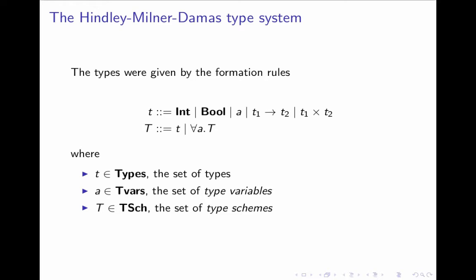We can speak of pairs, so we need to have a pair type. We have functions, so we need to have a function type. We have natural numbers, we have an int type, and we have truth values, so we have a bool type. So that's what we have in the Hindley-Milner-Damas type system that we saw last time around.